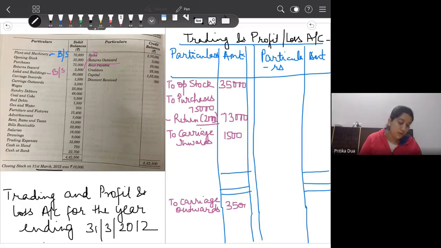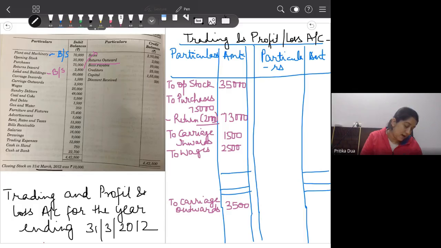After that, wages. Wages again are direct expenses. So to wages, the amount being 25,000. Sundry debtors is the next entry. Debtors are those who owe money to the business.